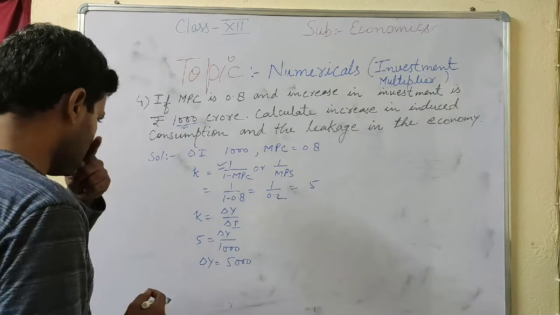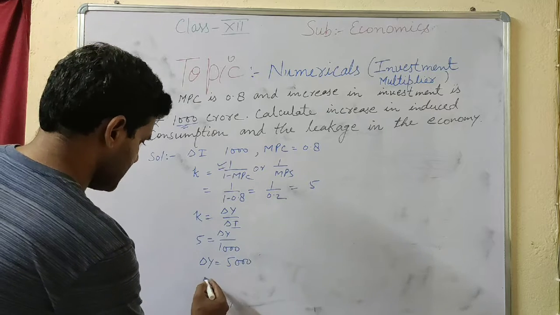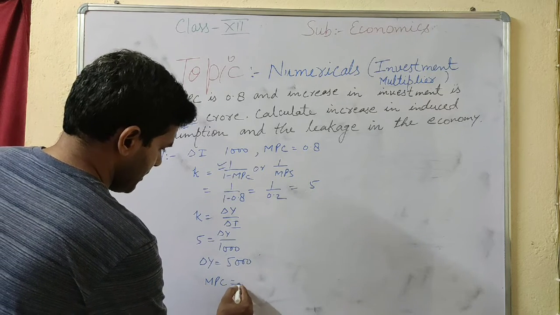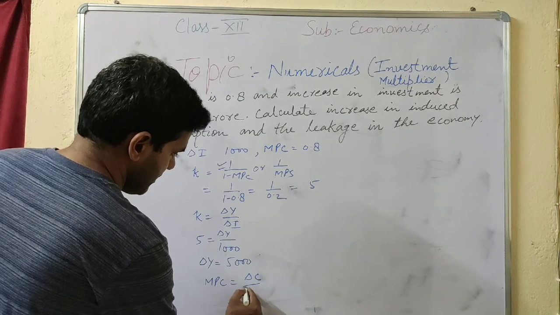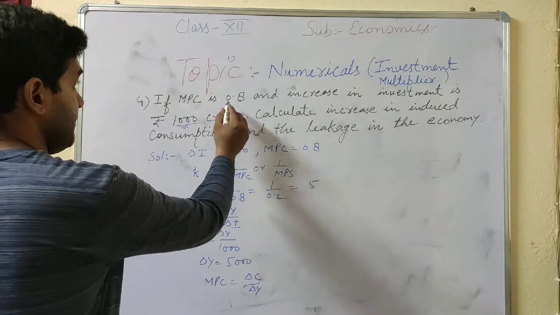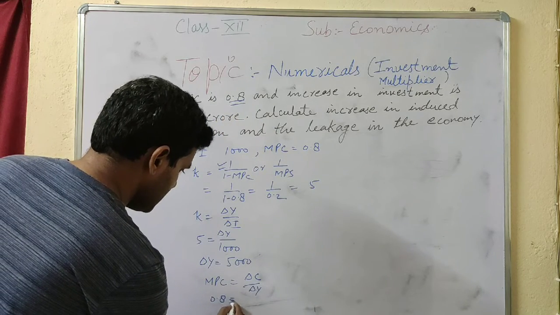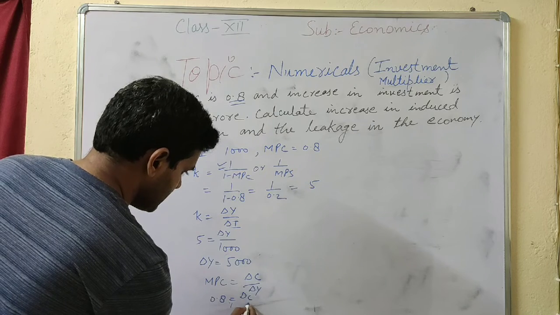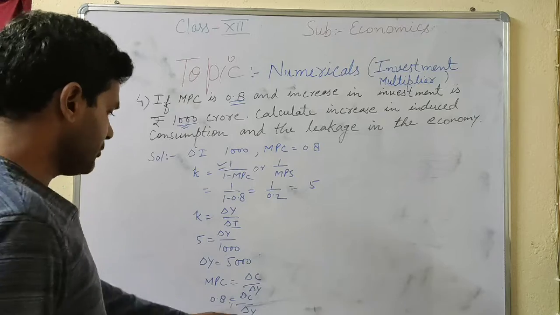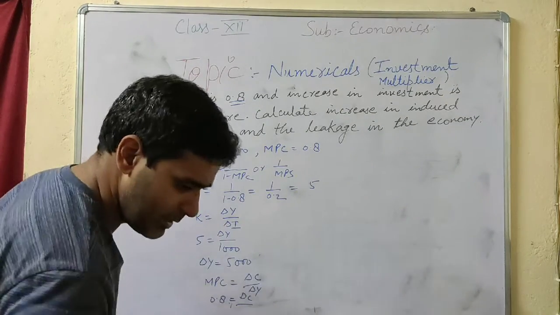Now we are going to calculate the value of change in consumption expenditure. So we know that MPC is equal to delta C upon delta Y. We know the value of MPC, 0.8. So 0.8 is equal to delta C upon delta Y. We know the value of delta Y, so we can put its value directly over here.